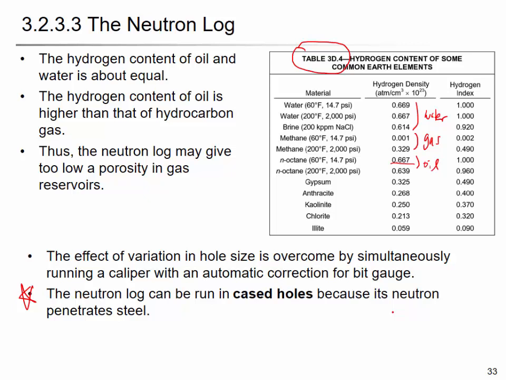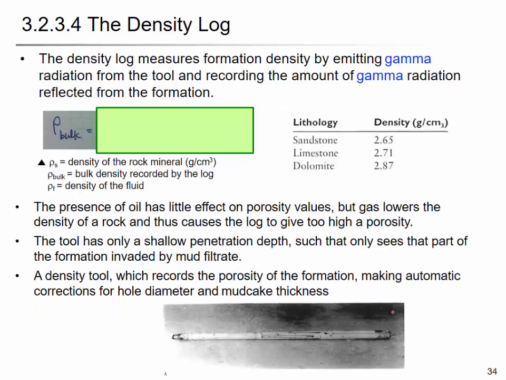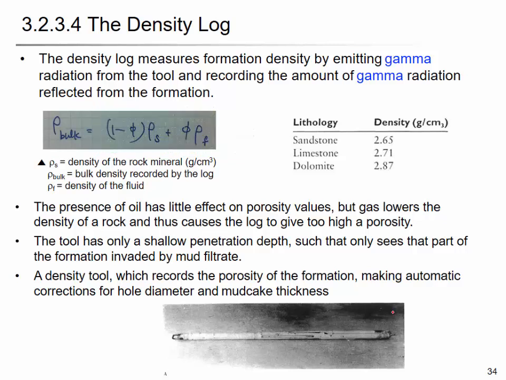Okay, let me move on. And the last one is the density log. The density log measures the formation density by emitting gamma radiation from the tool and records the amount of gamma radiation reflected from the formation. And I think this is just a very basic equation, right?